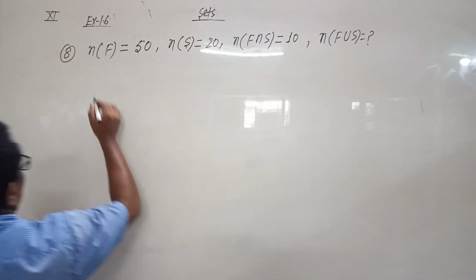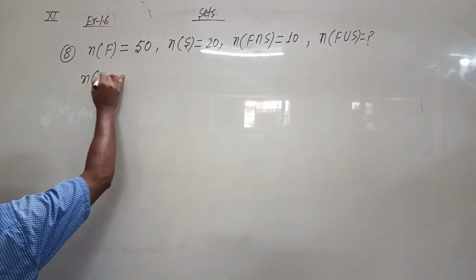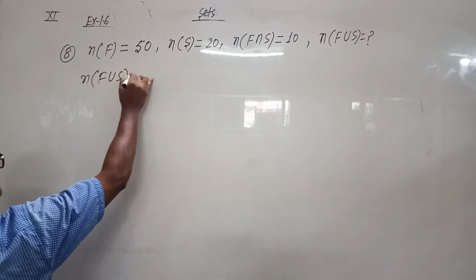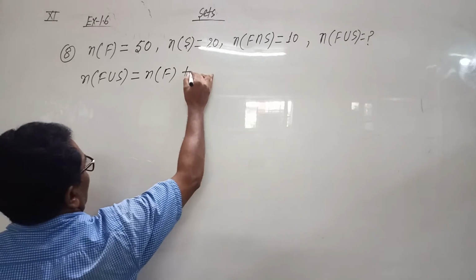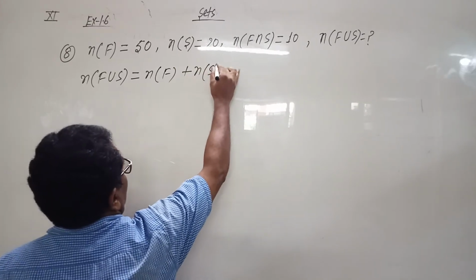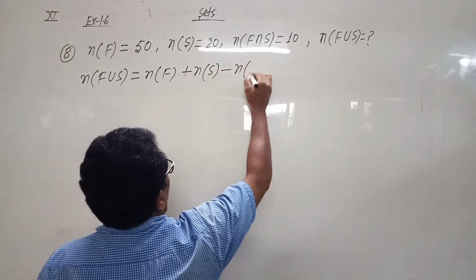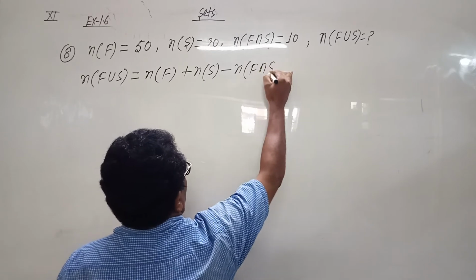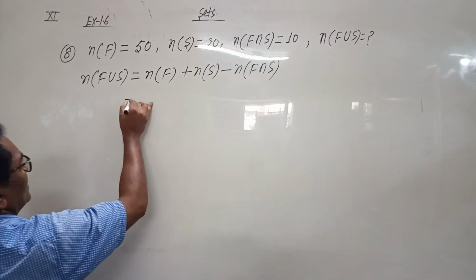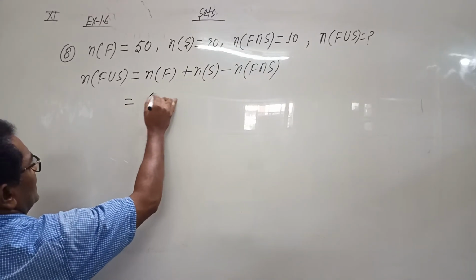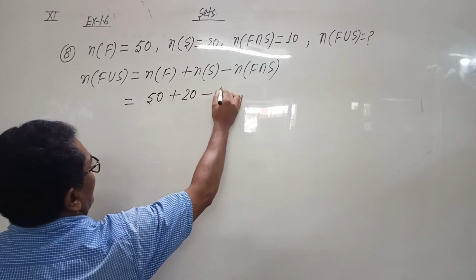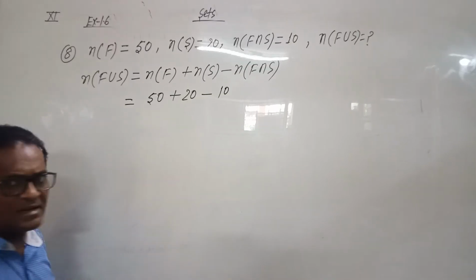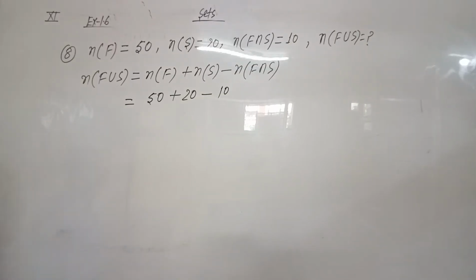So we use the formula: N of F union S equals N of F plus N of S minus N of F intersection S. N of F is 50, N of S is 20, and N of F intersection S is 10.